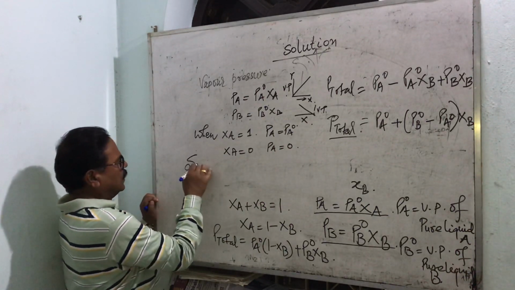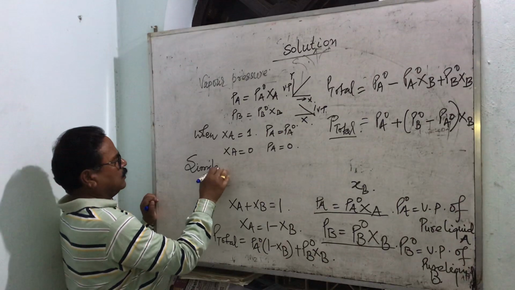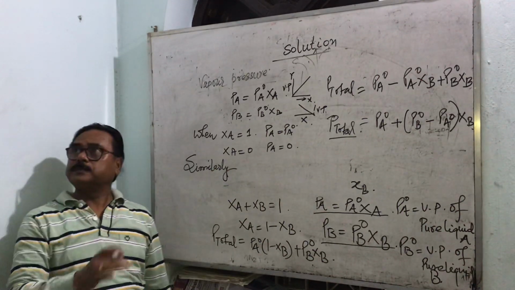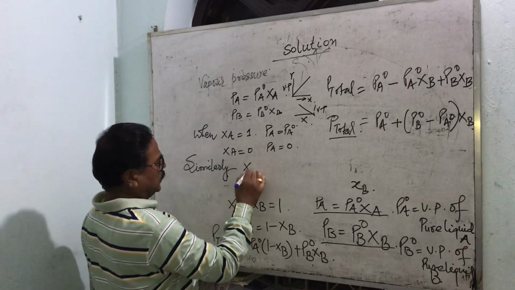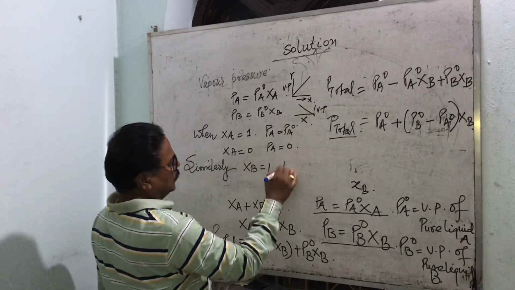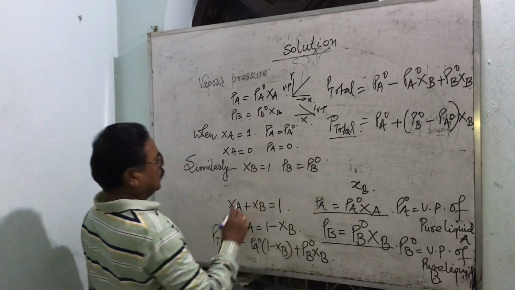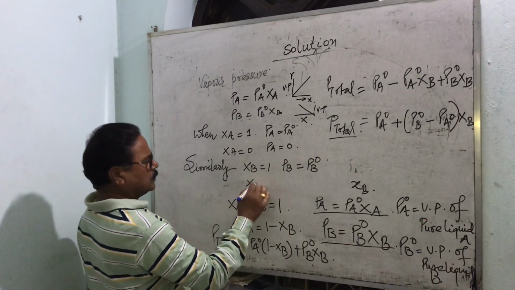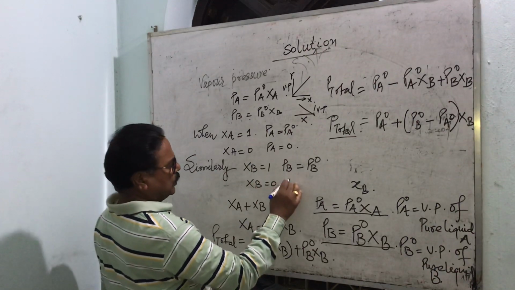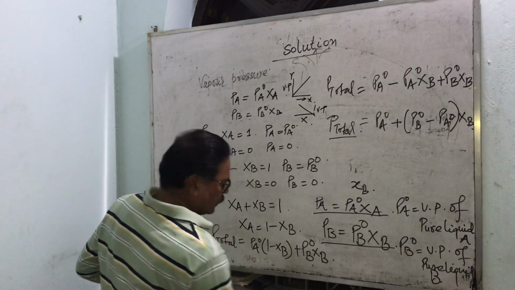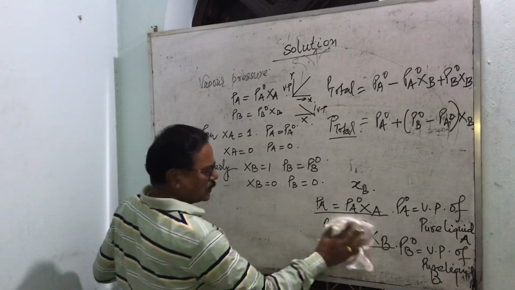Similarly, when XB is equal to 1, PB is equal to PB naught. When XB is equal to 0, PB is equal to 0. So graphically it can be represented as follows.